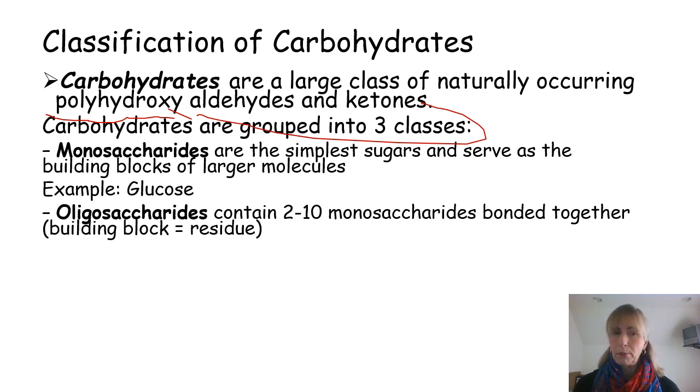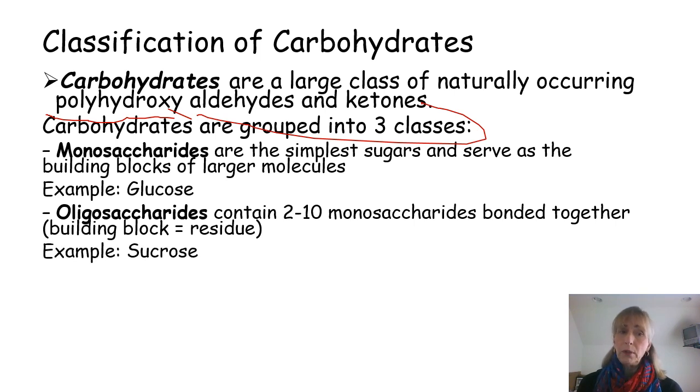The building blocks of these oligosaccharides are monosaccharides. We call them residues. Okay, so if your oligosaccharide has just 2 residues or 2 monosaccharides, then we call it a disaccharide. If there's 3, there's a trisaccharide, etc., etc.